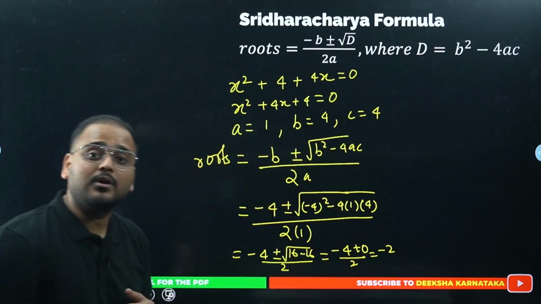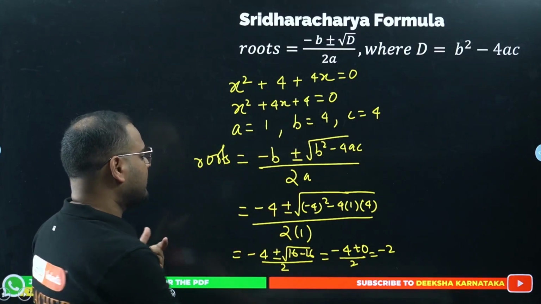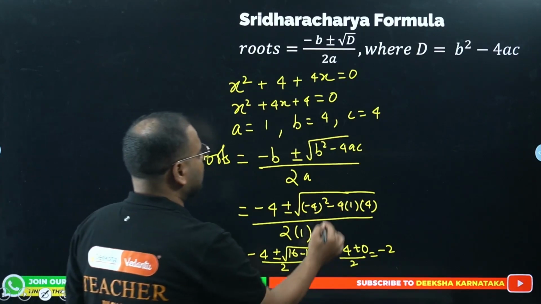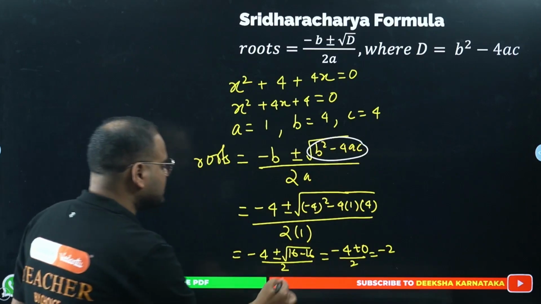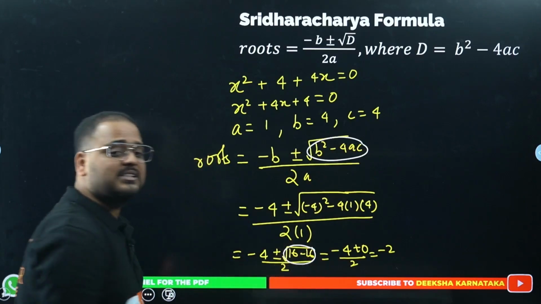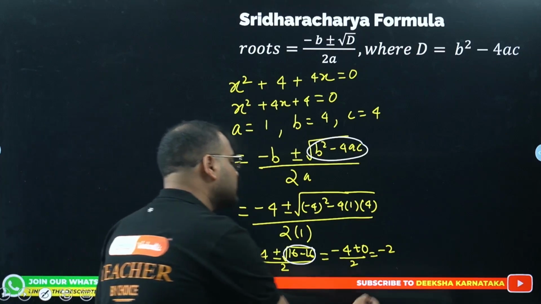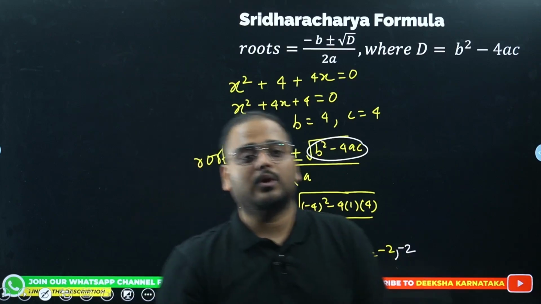So only one root, because this is the case where the roots are equal. Check. This is what? The one we are writing here. What is this? My discriminant only, no? And this is coming as 16 minus 16, 0, right? If d is 0 means roots are equal. It means both the roots are minus 2 comma minus 2 only.